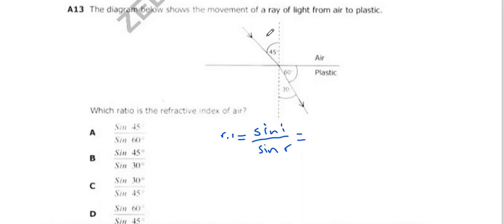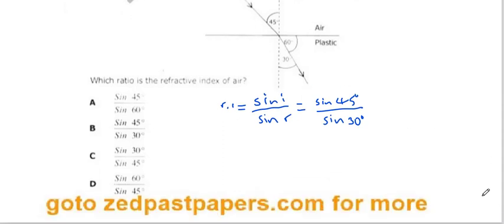So which is the sine I? Sine I is the one on top there. We have sine 45 degrees over sine of the refractive angle, which is this one, not this one. So we take the angles from this vertical line that we have. That's why we've taken 45, and now we take 30. So sine 30 degrees. According to the options we've been given, we don't have to go any further and start solving.